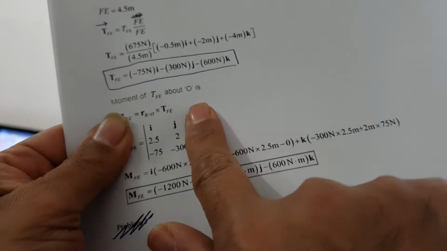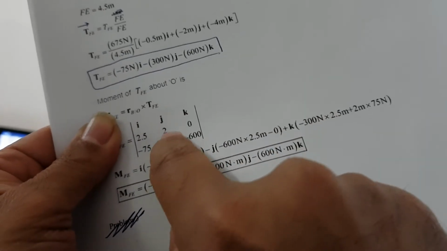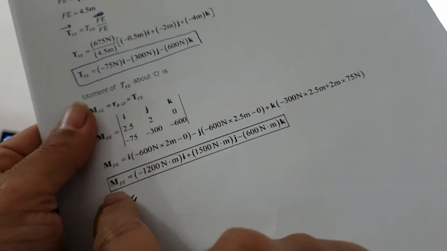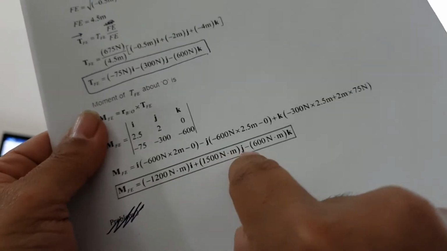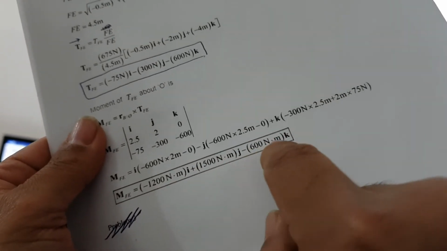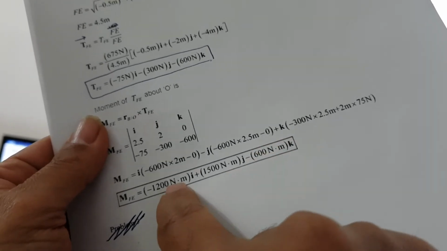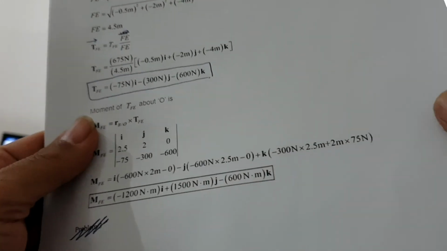Then K, hide it: 2.5 times minus 300, minus 2 times minus 75. So the moment FE is equal to minus 1200 I plus 1500 J minus 600 K. This is Newton meter, because this is moment. Okay? Thank you.